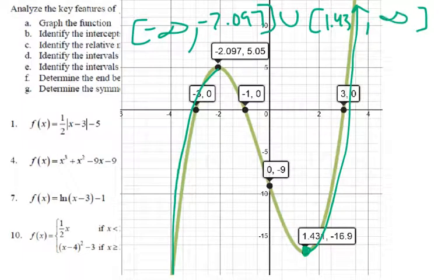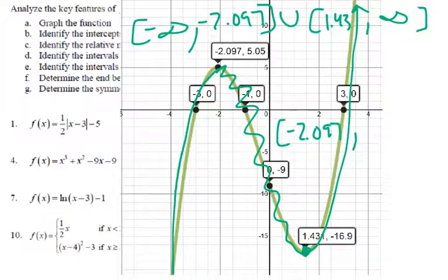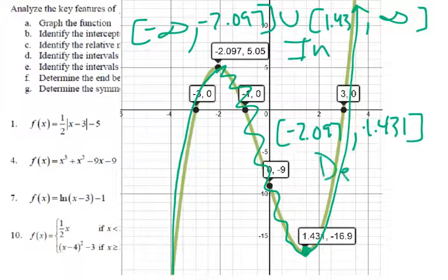I don't know what I was thinking there, just doing that minimum. So it's decreasing in that section from negative 2.097 to 1.431. Increasing, decreasing. Alrighty.